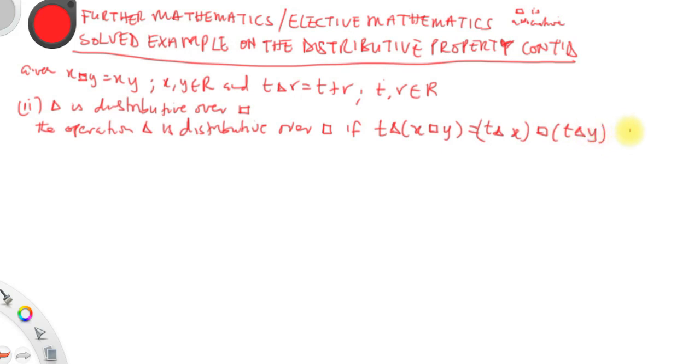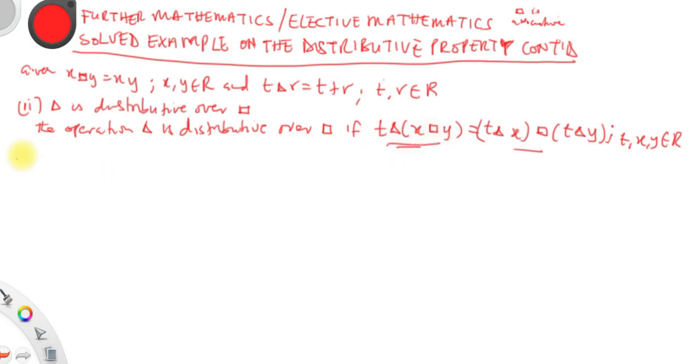That's for all t, x, y belonging to the set of real numbers. So if this is equal to this, then we say the operation triangle is distributive over the operation of square. So let's take this side first.